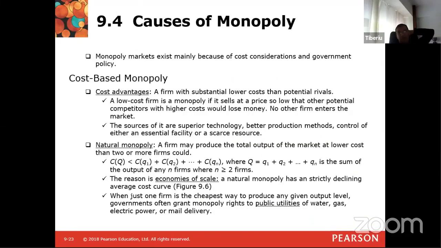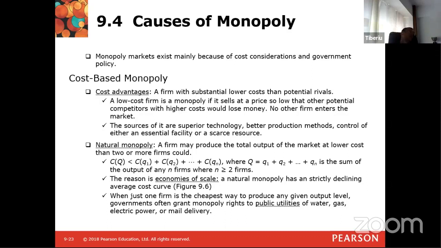Cost: a firm with substantially lower costs than potential rivals. A monopoly market exists mainly because of cost considerations and government policy. A low-cost firm is a monopoly if it sells at a price so low that other potential competitors with higher costs would lose money, so no other firm enters the market.